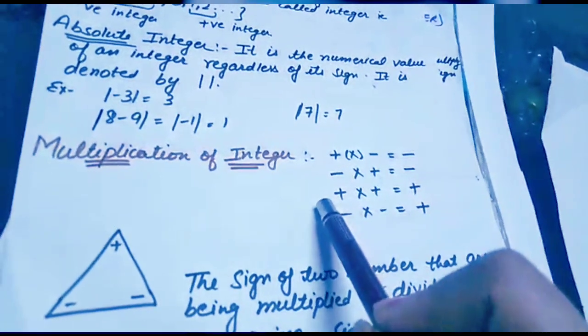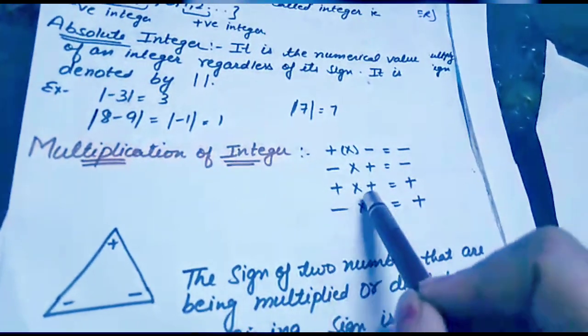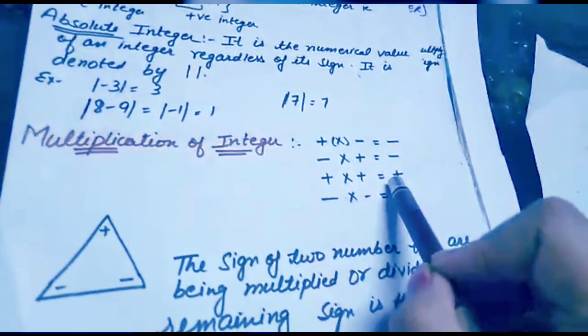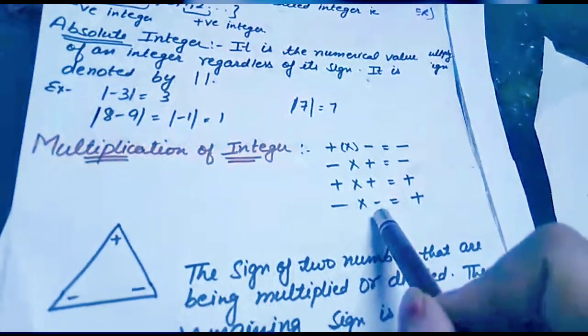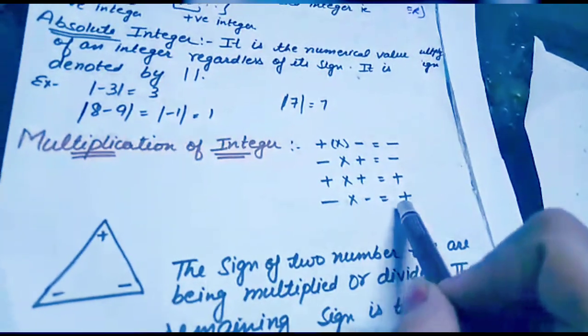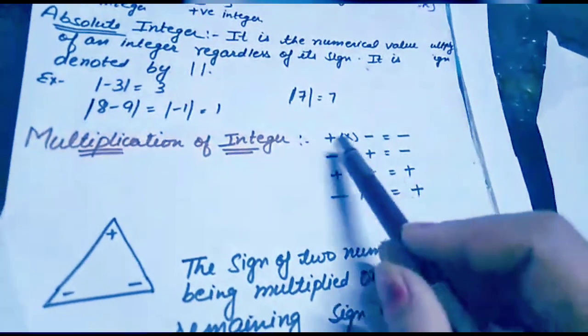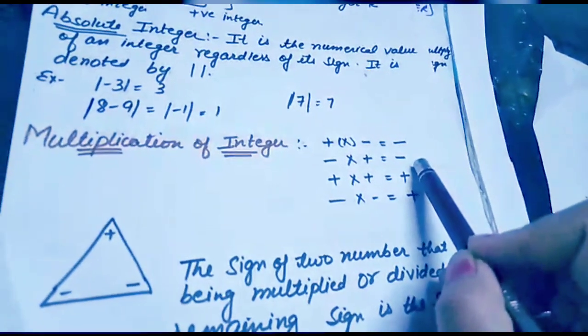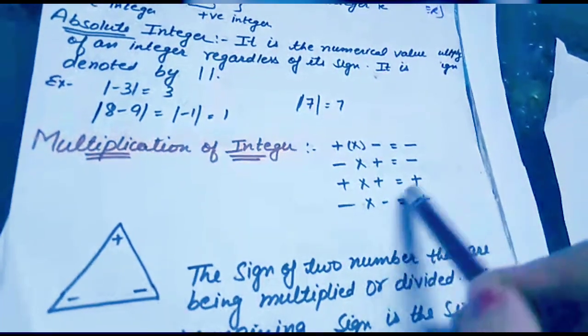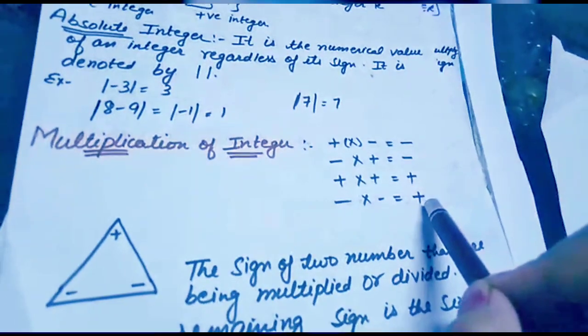When we multiply a positive integer by a positive integer, we get a positive integer. When we multiply a negative integer by a negative integer, we get a positive integer. Here we conclude that two different signs of integers give a minus sign, and the same sign gives a positive sign.